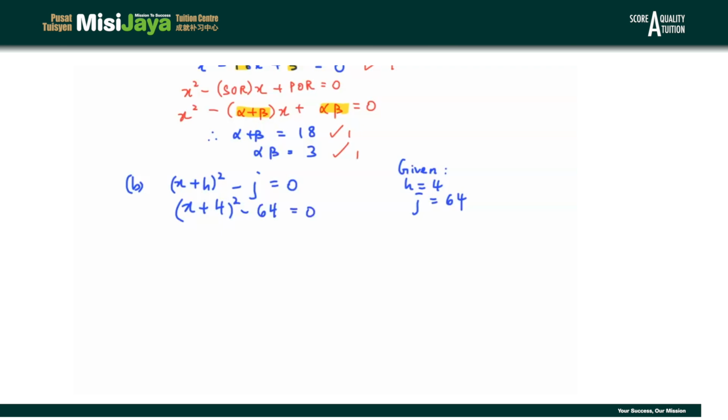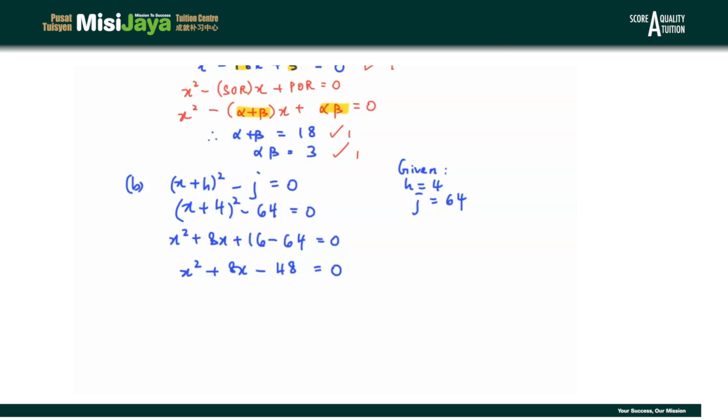From here, we're going to expand the bracket. So we get x squared plus, 2 times 4 times x is 8x, plus 16, 4 squared is 16, minus 64 equals to 0. Okay? So we get x squared plus 8x, and then 16 minus 64 is negative 48 equals to 0.